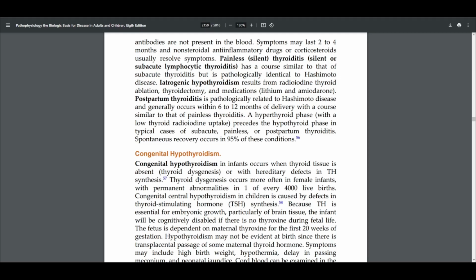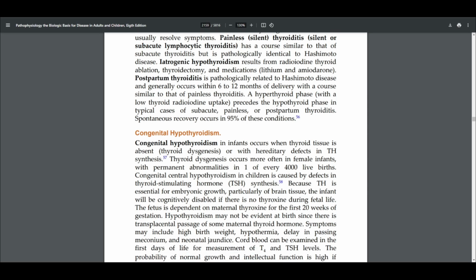Painless or silent thyroiditis has a course similar to that of subacute thyroiditis, but is pathologically identical to Hashimoto's disease. Iatrogenic hypothyroidism results from radioiodine thyroid ablation, thyroidectomy, and medication, lithium and amiodarone.